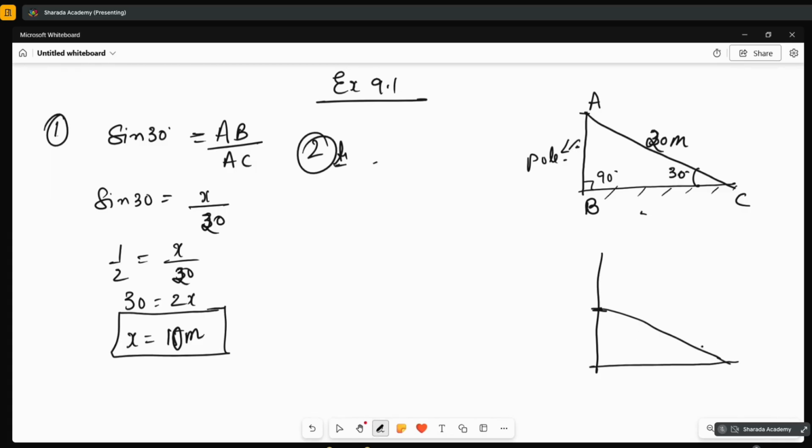So this is 30 degrees. The distance between the foot of the tree and the point where the top touches the ground is 8 meters. Now find the height of the tree.